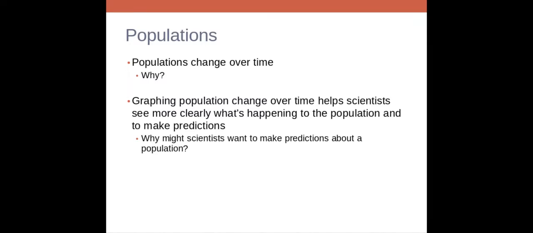Why might scientists want to make predictions about a population? We need to understand: is the population growing? Is it decreasing? Is it remaining the same? What do we think is going to happen over time to this population? And we also need to understand what factors are affecting that population size.